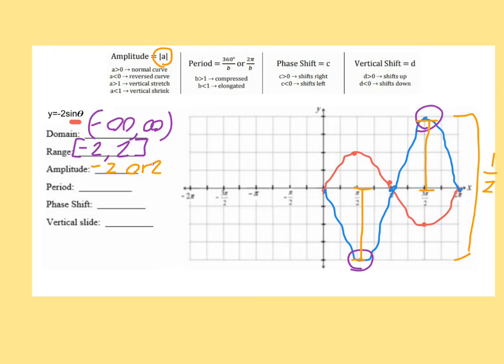Well, maybe you want the reminder for yourself that we're flipping things across the x-axis. So I would accept either an amplitude of negative 2 or 2. 2 is more correct, but if you want to put the negative in to remind yourself that you flipped things over, that's fine as well. Period. Our period here is still 2 pi. Phase shift, no phase shift occurred. Vertical slide, no vertical slide occurred.